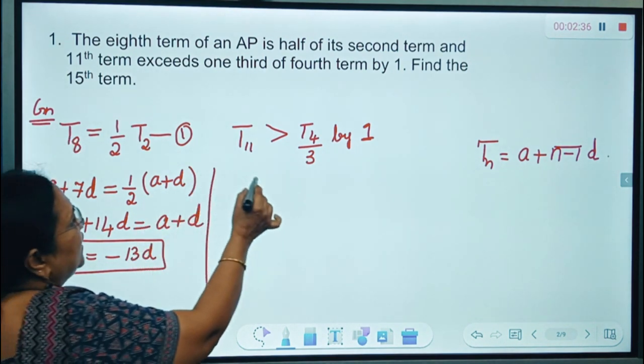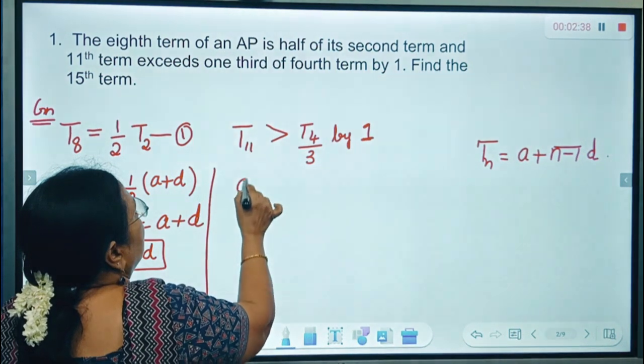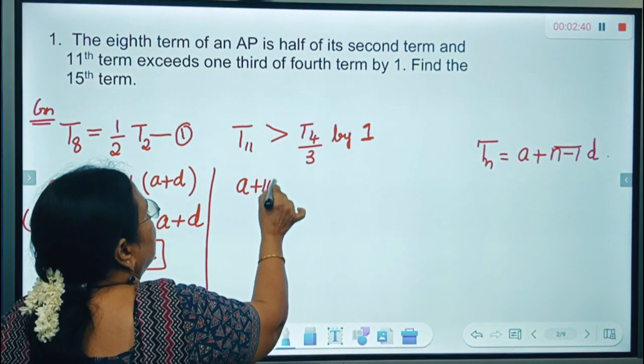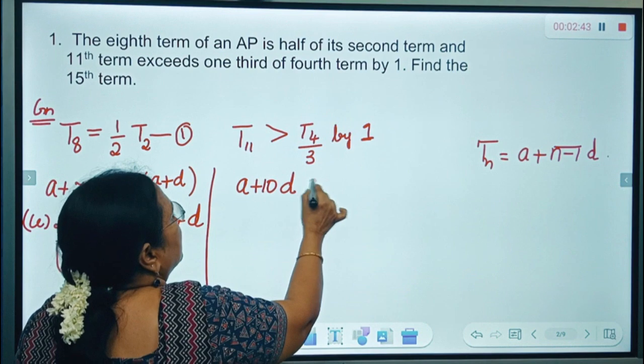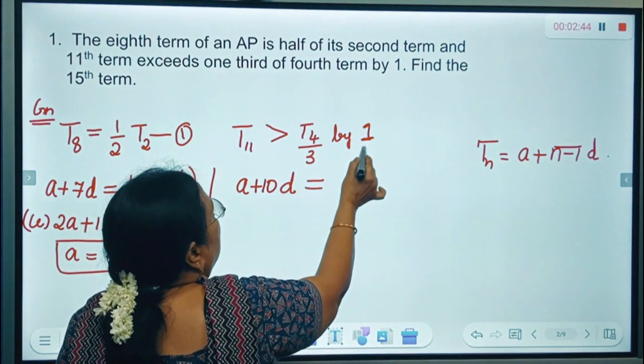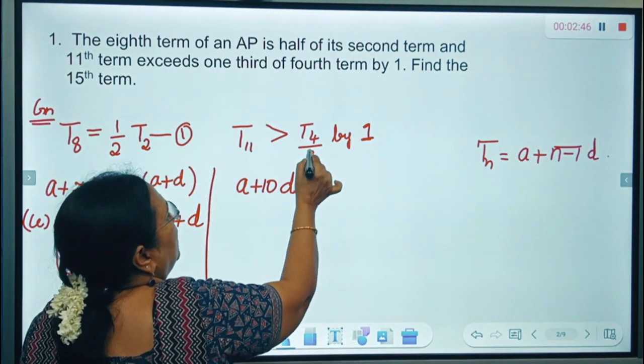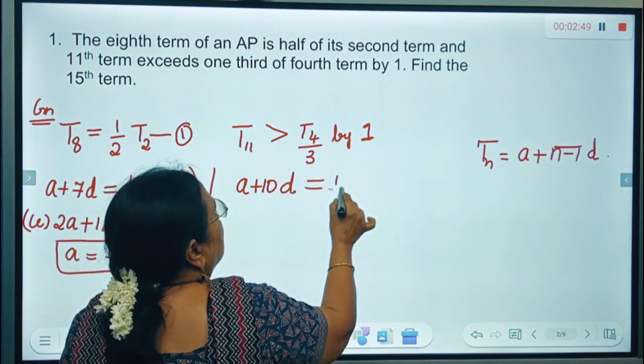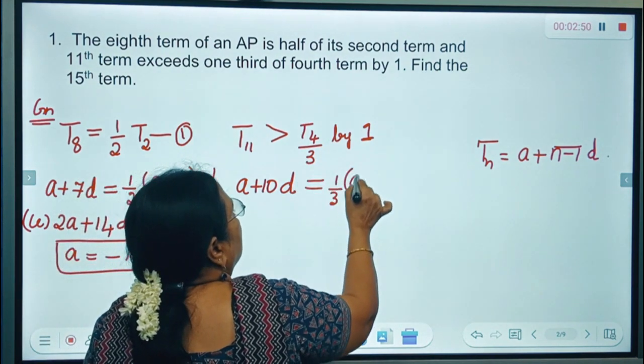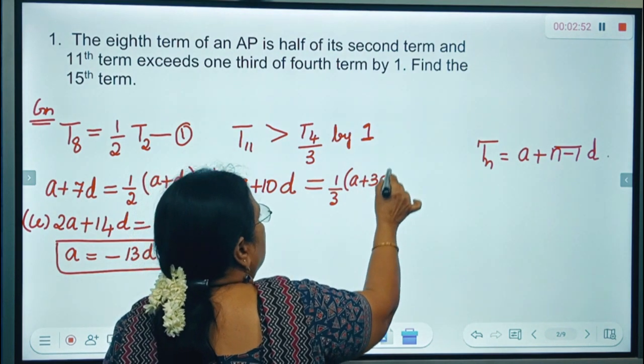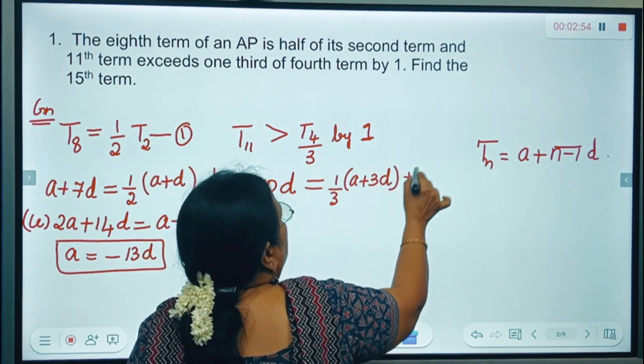Now let us look at the next fact. What is T11? A plus 10D is greater than 1/3 of T4, so how can I make them equal? By adding 1 to this: 1/3 of T4, that is A plus 3D, plus 1.